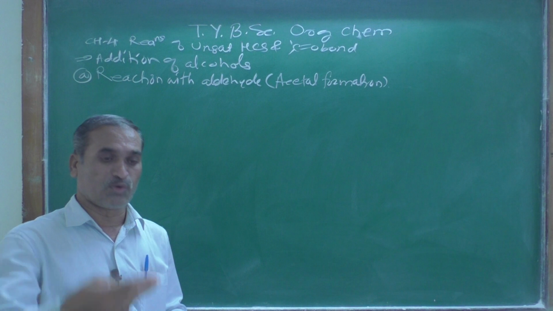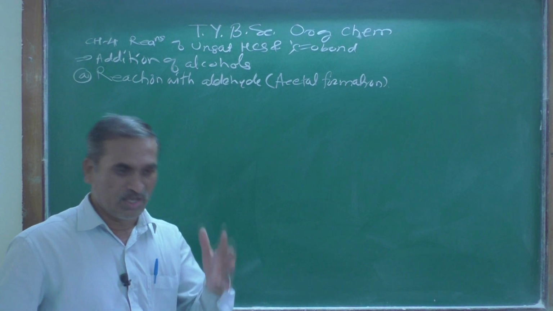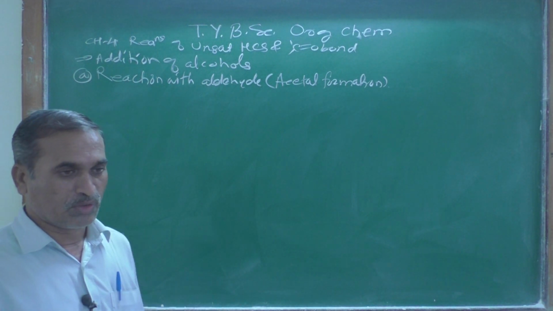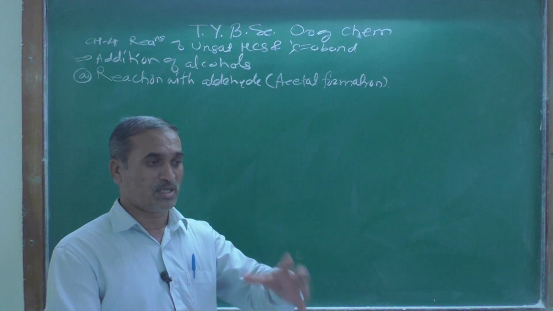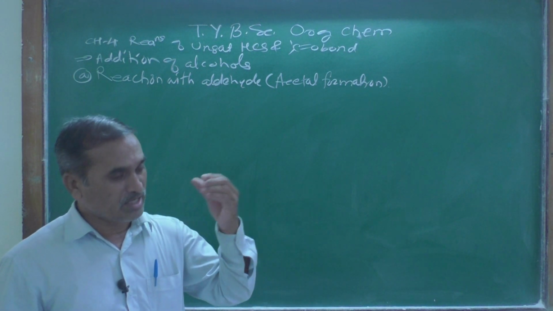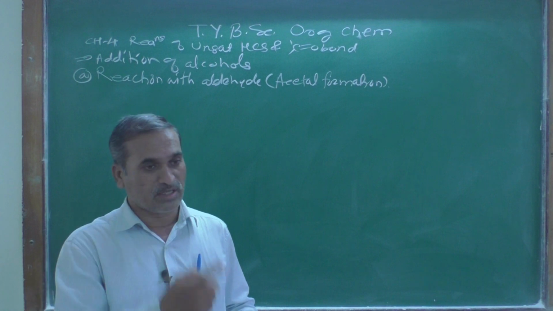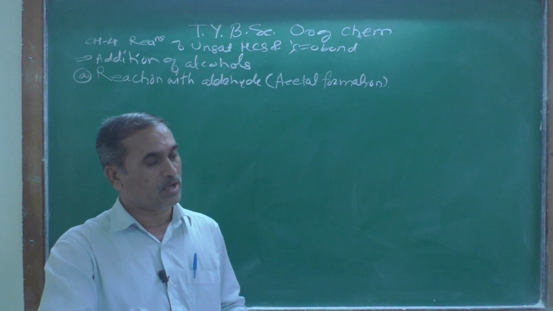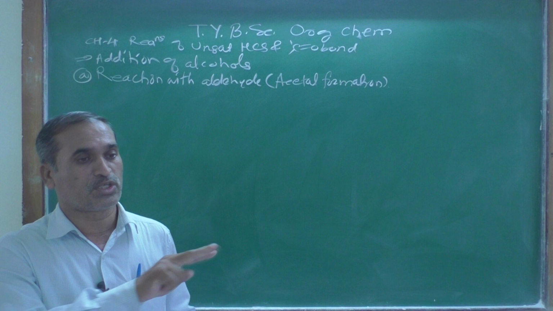If you go for higher study at MSc level, there is protection and deprotection, how they are used, because even though there is an addition of one step and the removal or deprotection, that is 2 steps added.